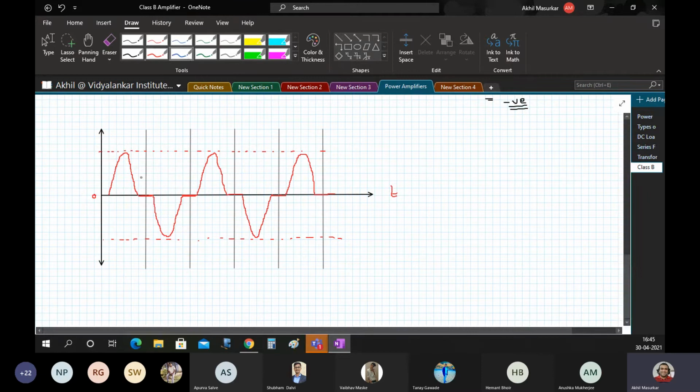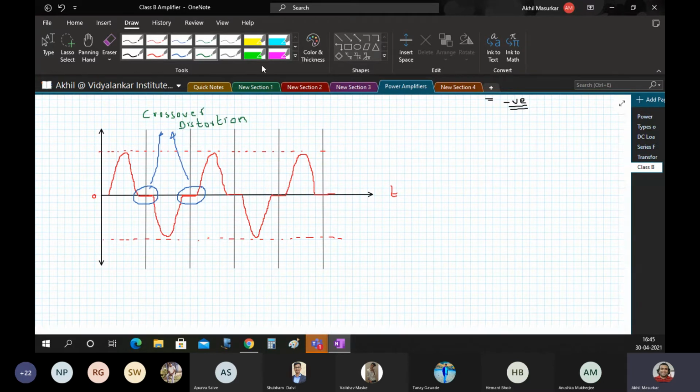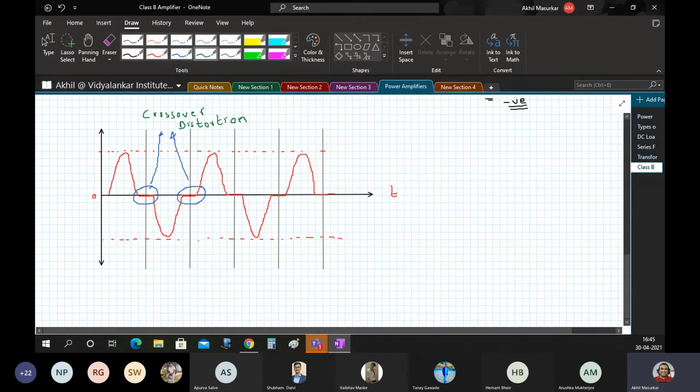So this thing here is called crossover distortion. Okay, so this is the problem, and of course you can call it whatever you want.